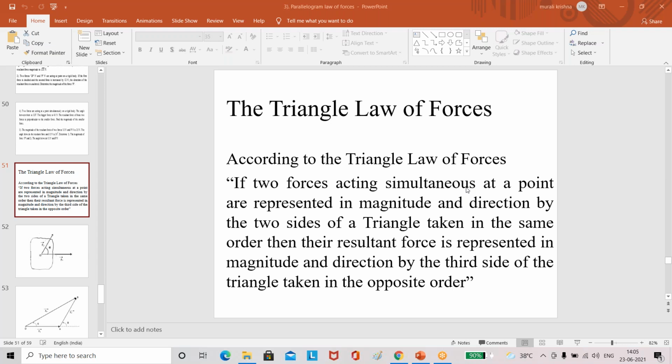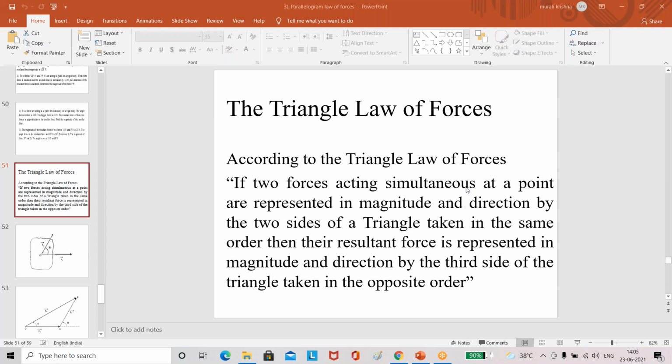So what is this triangle law of forces? How can we find out the resultant force Fr bar of two coplanar concurrent forces F1 bar and F2 bar by using this triangle law of forces? In the lower classes, that is in the junior inter, you might have studied the triangle law of vectors.